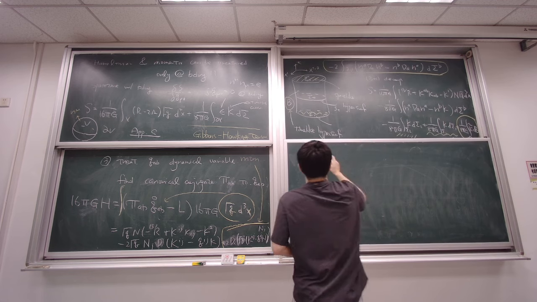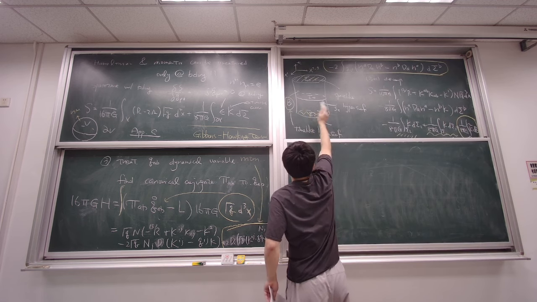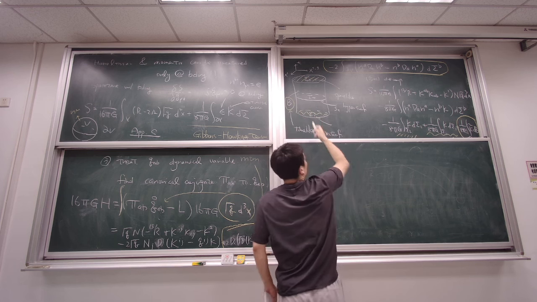So this k tilde is the extrinsic curvature induced on this time-like hypersurface.